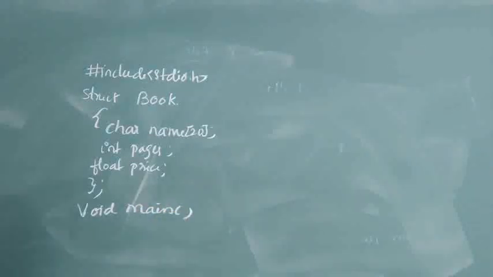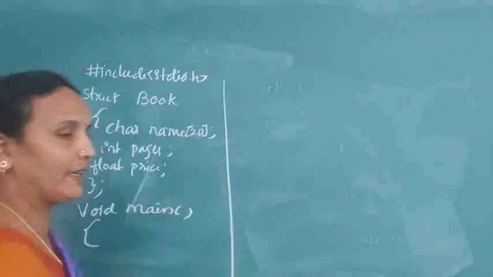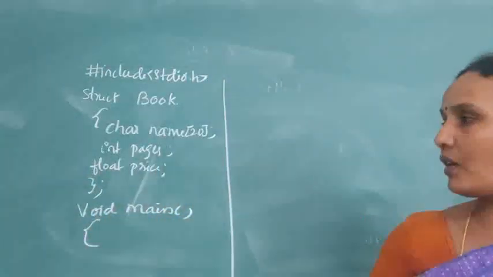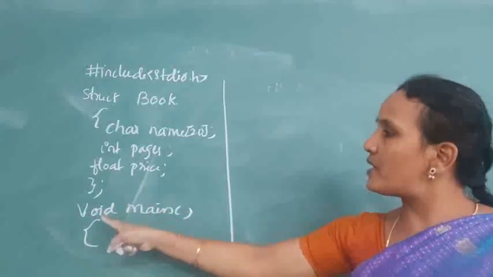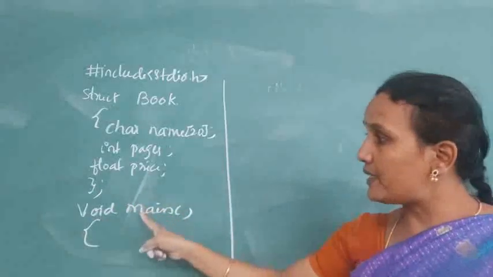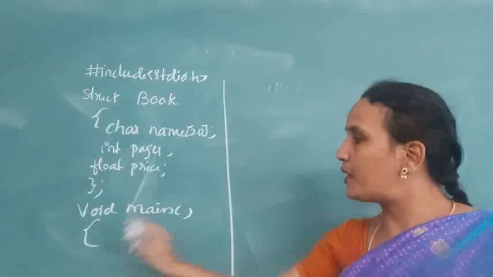Your program execution starts from the main function. Now, here you open the brace. Continuation. See here. Void main function. After closing the structure, immediately you write the main function. Inside the main function, open the brace.